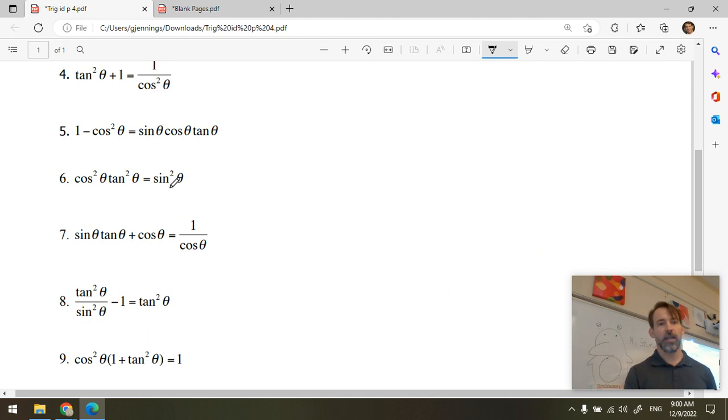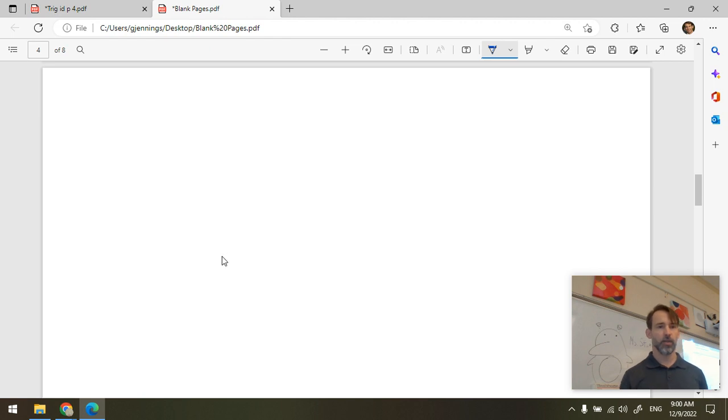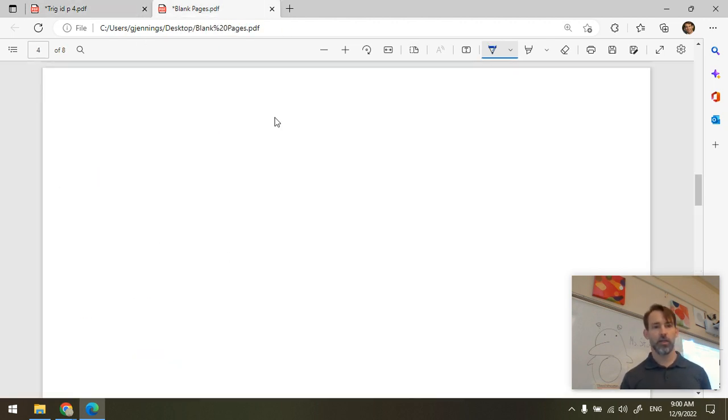Cosine squared theta, tan squared theta equals sine squared theta. Okay, this is a multiplication identity. We just need multiplication rules. Yeah, that one's real easy. Let's do the left side.